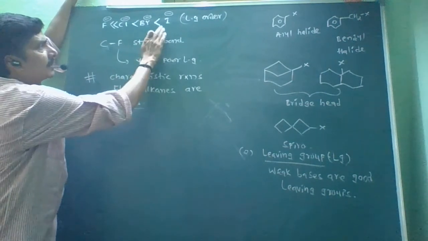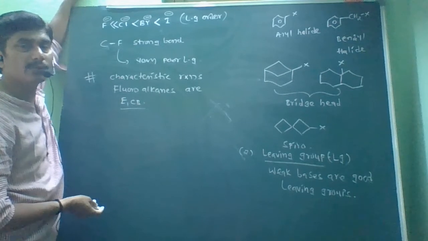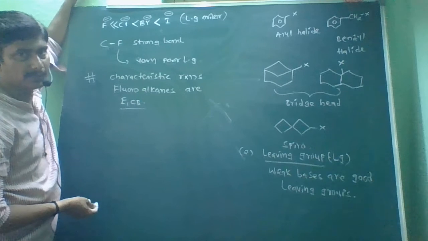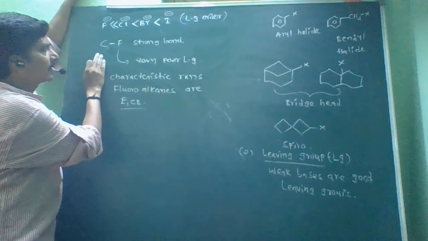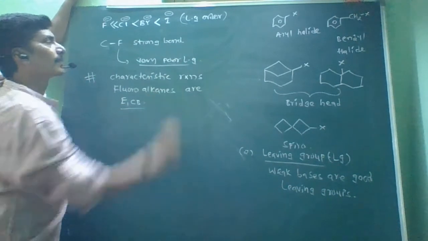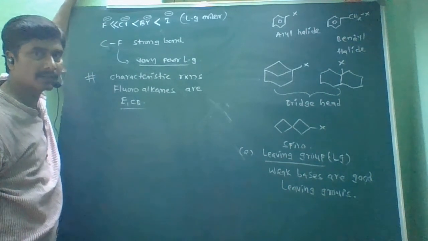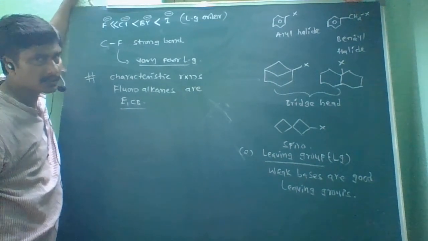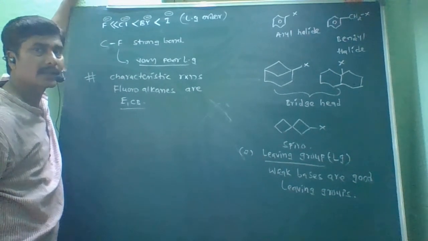So iodoalkanes or iodide compounds participate easily in nucleophilic substitution reactions compared to bromine and chlorine compounds. But fluorine never participates in nucleophilic substitution reactions because it is a very poor leaving group, being a weak acid with a strong conjugate base. When conjugate bases are strong, they do not act as leaving groups.